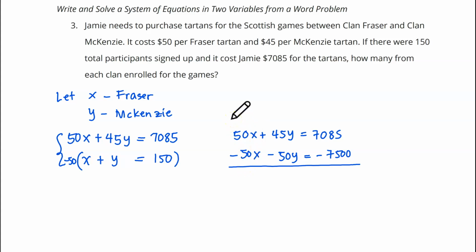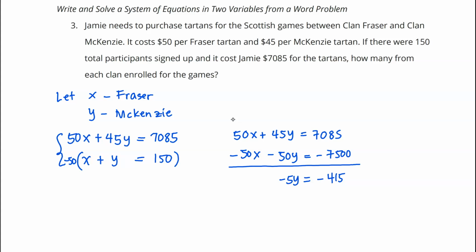So we have 45y plus negative 50y is equal to negative 5y, and 7,085 plus negative 7,500 is equal to negative 415. Then you divide both sides by negative 5.